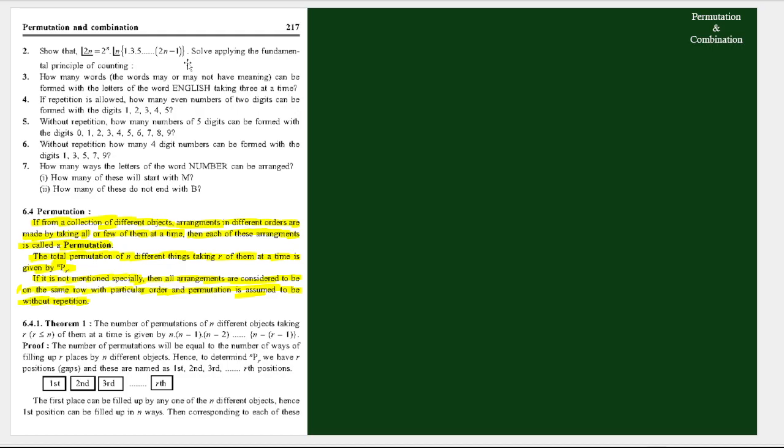So let's proceed to our theorem. Theorem 1. So what does it say? The number of permutations of n different objects, taking r at a time, where r will be equal to or less than n.